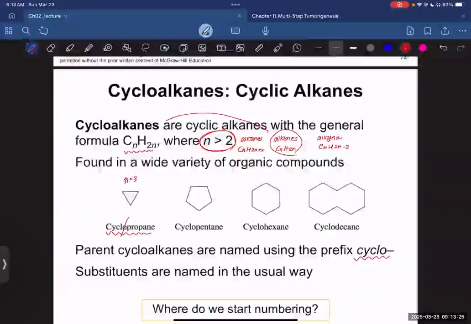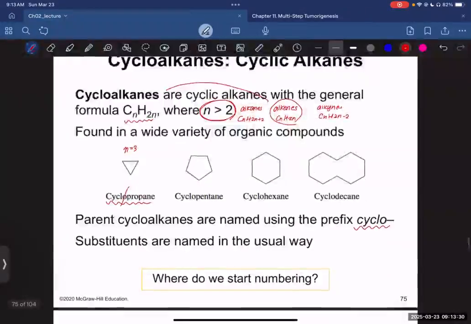So when we look at these cycloalkanes, how are we going to find out how to name the substituents that are bonded to them? Well, it's going to be the same, because most of the time we are going to be seeing alkyl groups attached to these cycloalkanes.